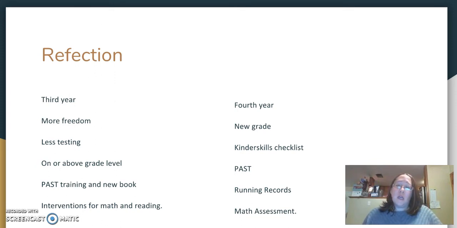As of right now, I'm able to go back to whole group teaching for math because most of my kids are still up to grade level, knowing their letters, sounds, and numbers. We still do past. That is something that starts in December, so instead of using the Kinder Skill checklist for my guided reading groups, I am now using running records and past.